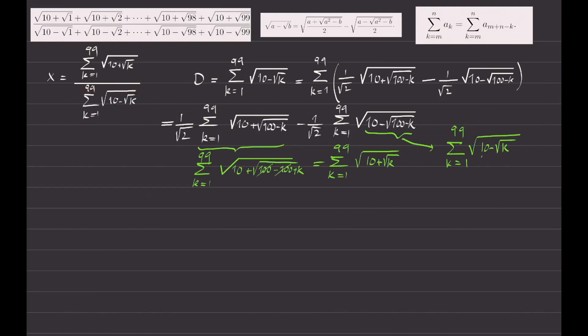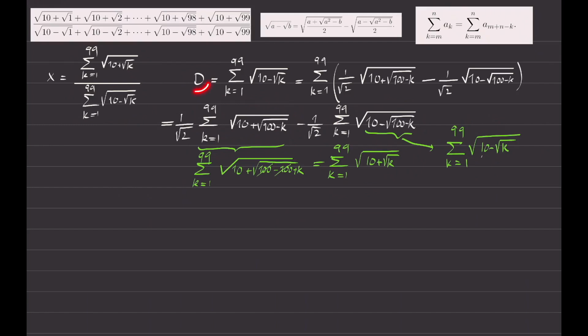So what happens? The denominator that I started with is the difference between these two expressions, but this expression, according to this identity, turns out to be the numerator, and this expression, based on the same equality, turns out to be the denominator again.